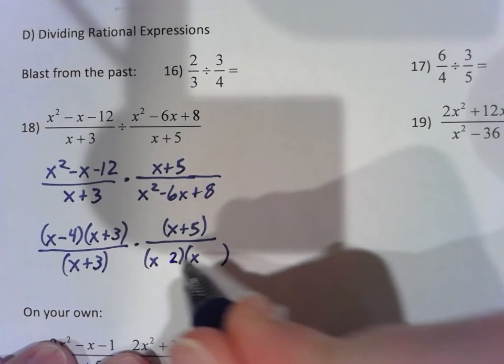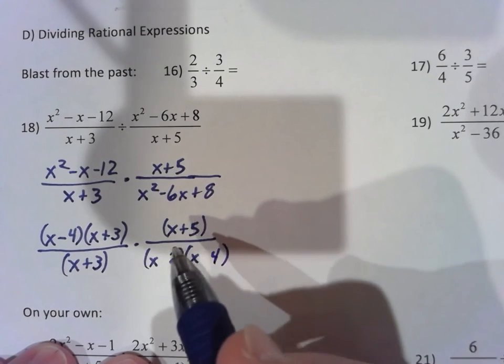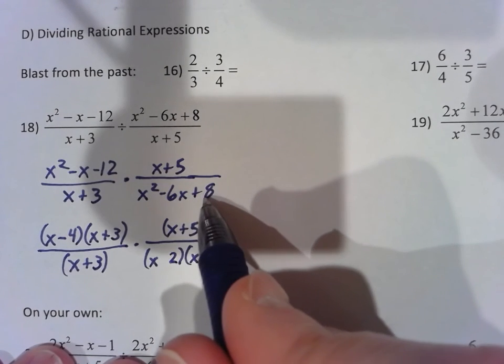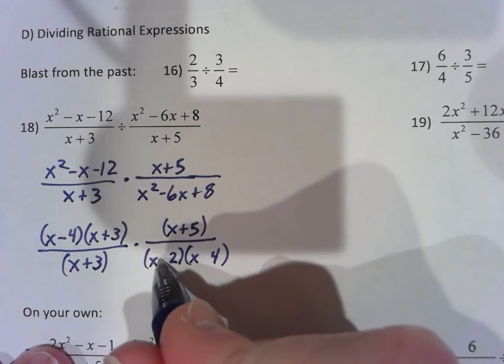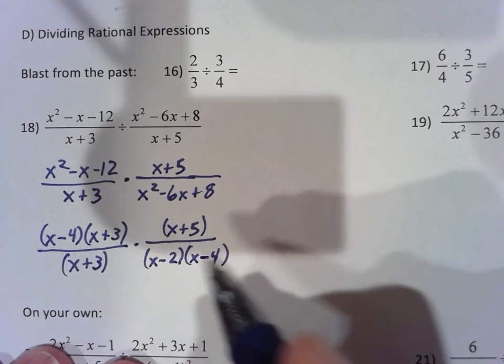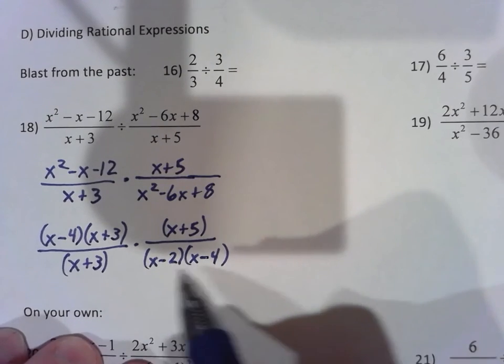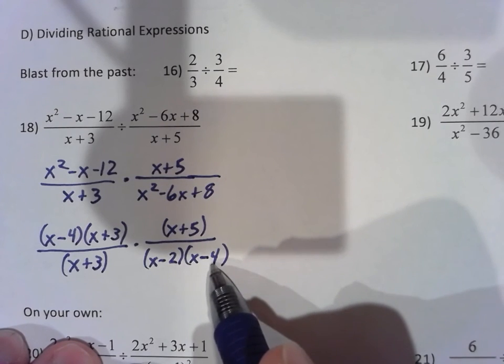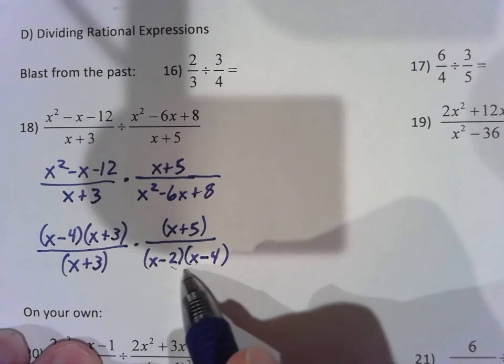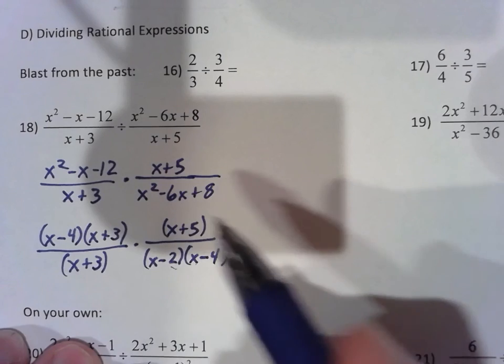So if I use a 2 and a 4, I need them to be the same sign so that they multiply to get a positive number, but they have to be negative to add together to get a negative number. Negative 2 times negative 4 is positive 8. Negative 4x plus negative 2x is negative 6x.